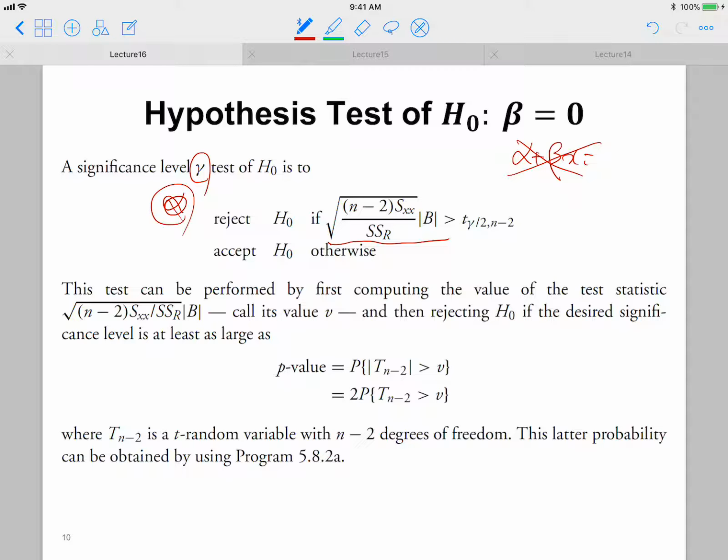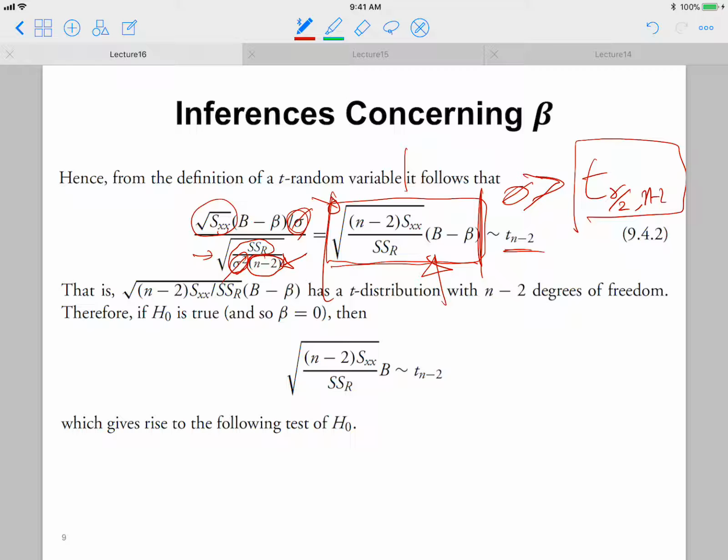Okay, and here it is a little bit different from this equation, but it's quite trivial. We have to have the absolute value operator here, and all these parts are positive values. And what about beta here? Beta should be replaced with the value 0.